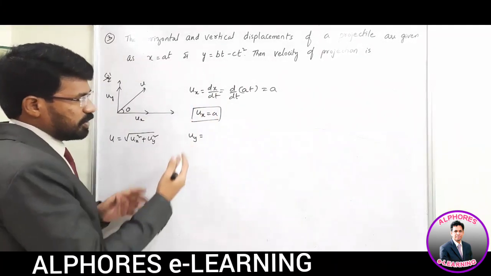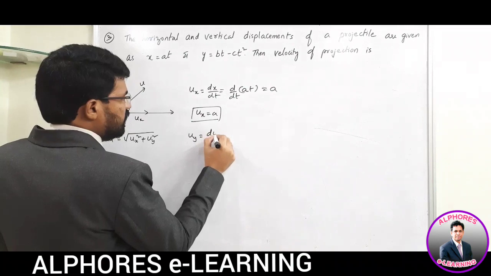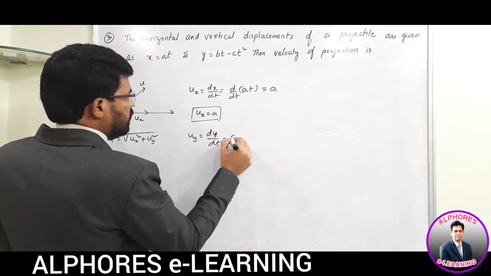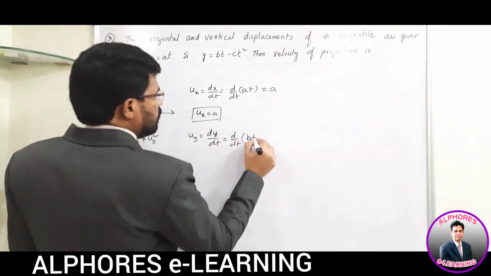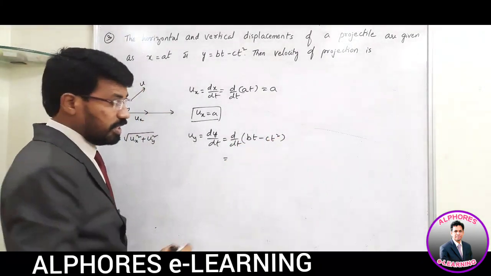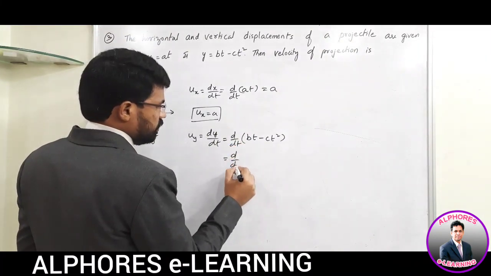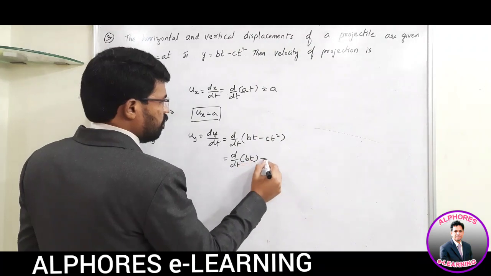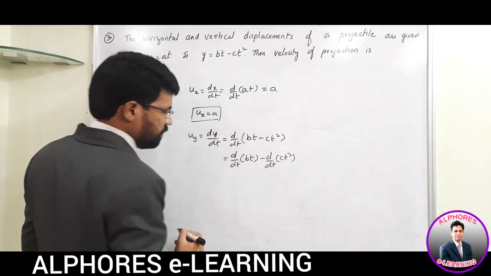Similarly, in the previous case, in whatever way you have written the x component of velocity, here uy can be written as dy by dt. d by dt of what is y? bt minus ct square. This can be further written as d by dt of bt minus d by dt of ct square, isn't it?